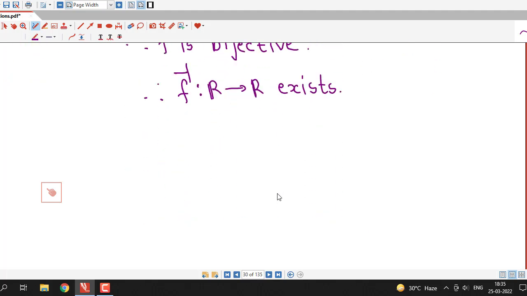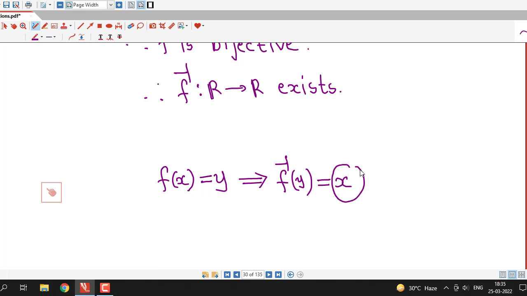Now to find out f inverse, we are using the definition of inverse. We know that if f is invertible and f(x) equal to y, then f inverse of y will be equal to x. So we will find out the value of x, and we have already obtained the value of x in proving the ontoness.